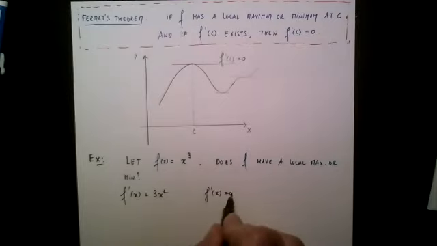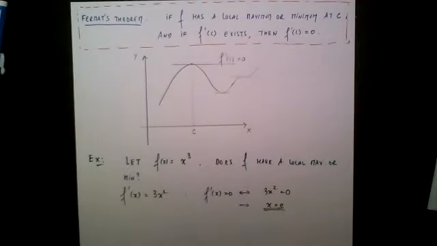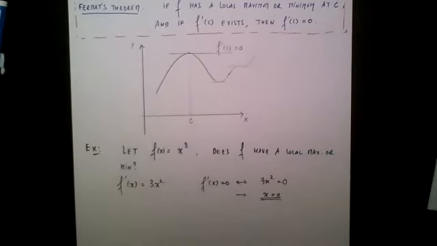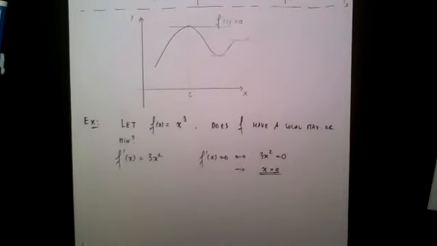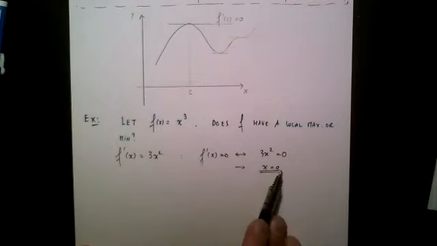F prime of x is 0 if 6x squared equals 0, which means that x has to be 0. So I found one spot where the slope is 0: in the whole domain, all of R, there's only one place where the slope is 0, and it's when x is 0.